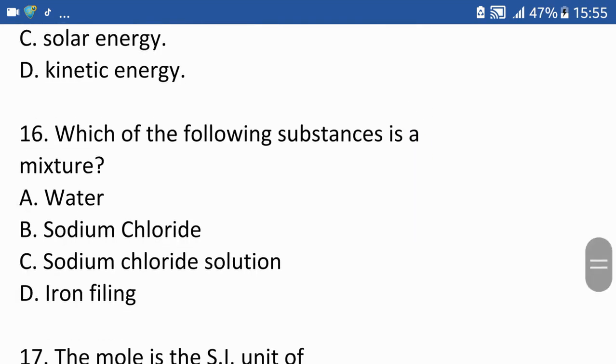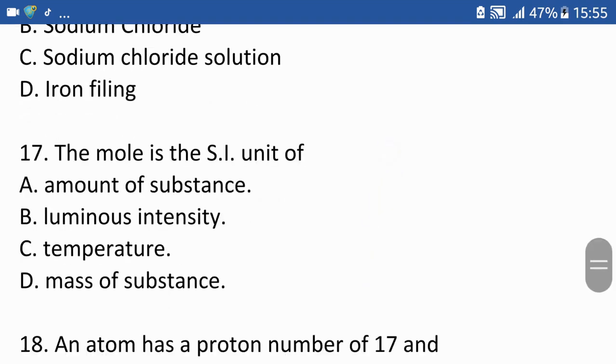Sixteen, which of the following substances is a mixture? Seventeen, the mole is the SI unit of.